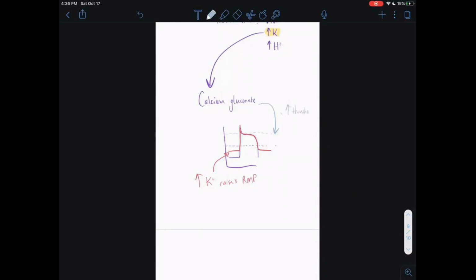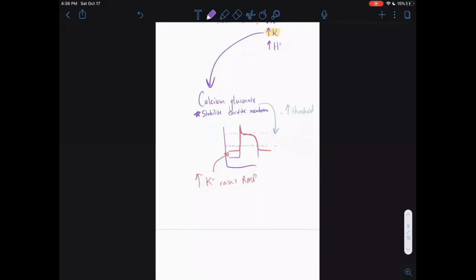If you increase the threshold, you're less likely to break it and fire off excessive amounts of action potentials. Okay, so basically it just stabilizes the cardiac membrane. All right, so if you get nothing out of that besides this one phrase, I want you to know this: calcium gluconate is going to stabilize the cardiac membrane.